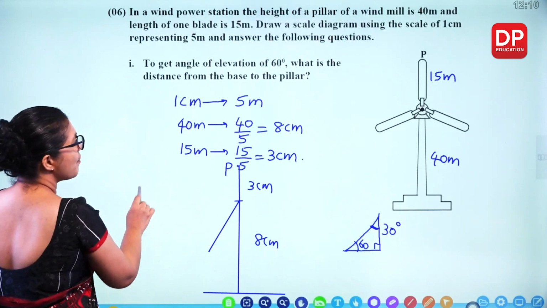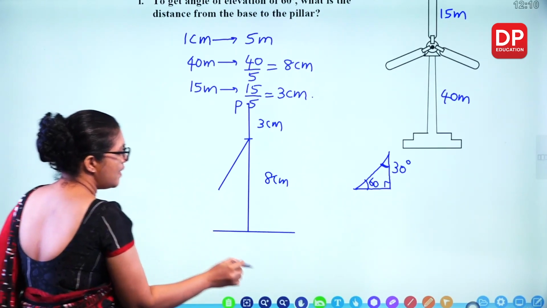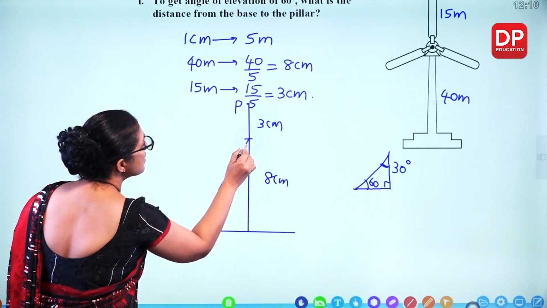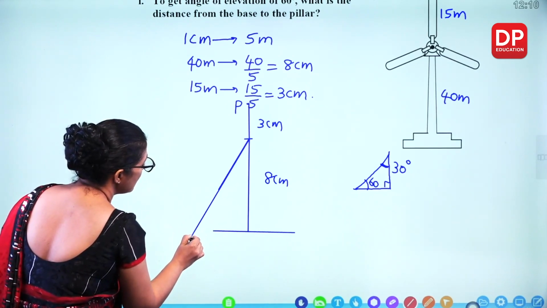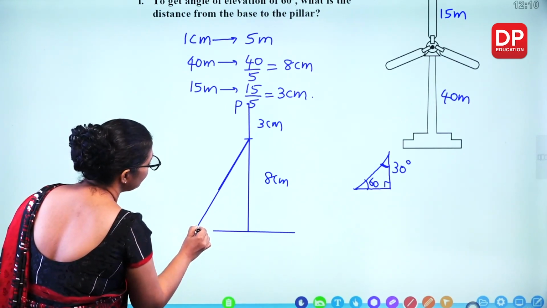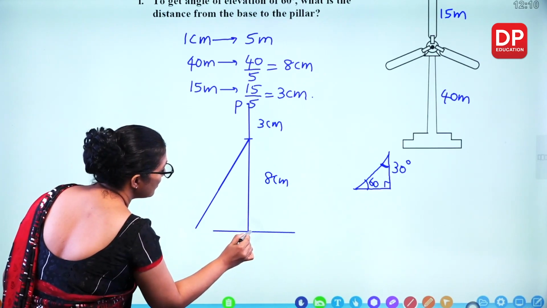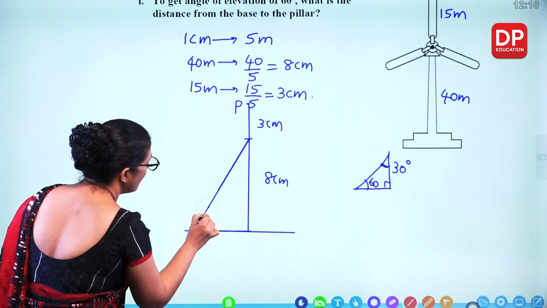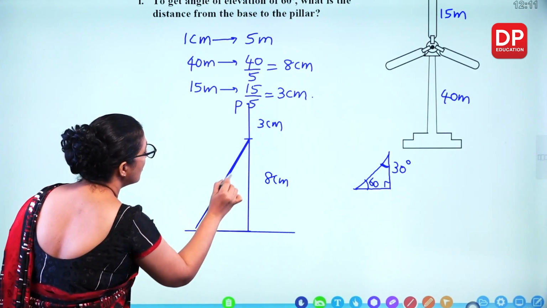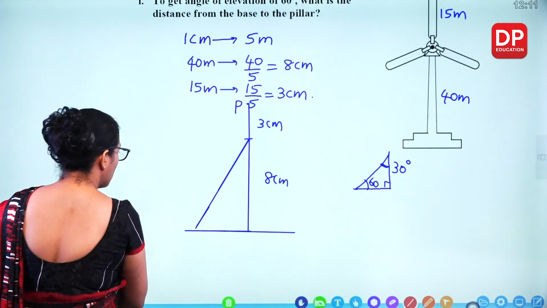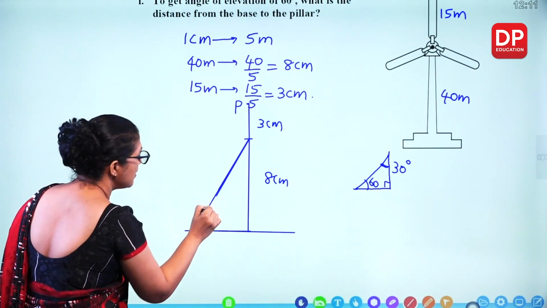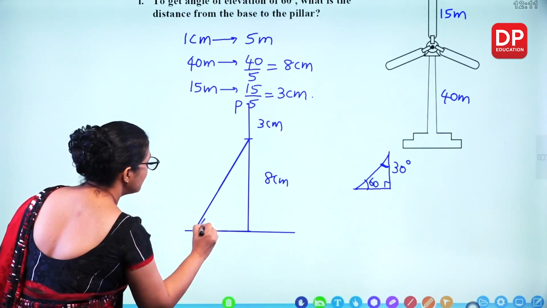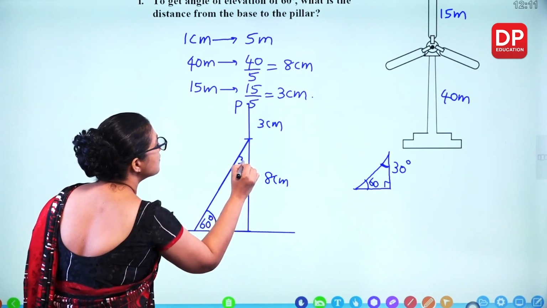And if you are drawing it properly, now elevation, angle of elevation 60 degrees. So we can connect here to here, that's the ground level. And I'll extend this line also, up to this point. So this is the 60 degree angle and this is 30.